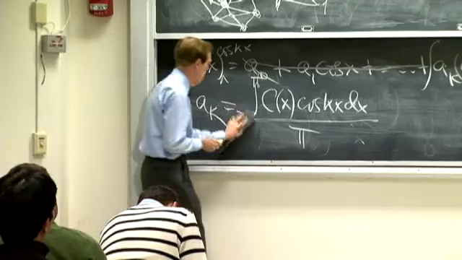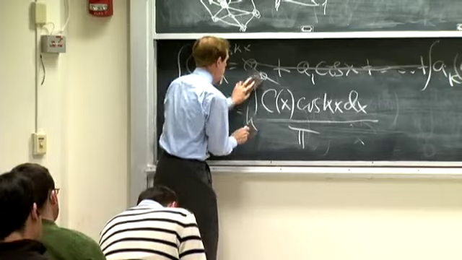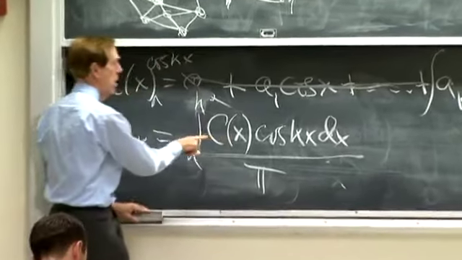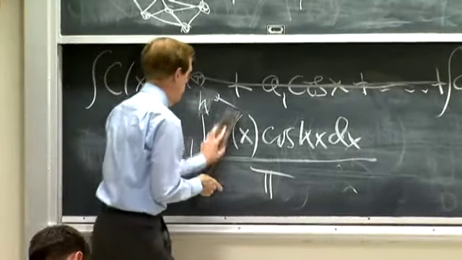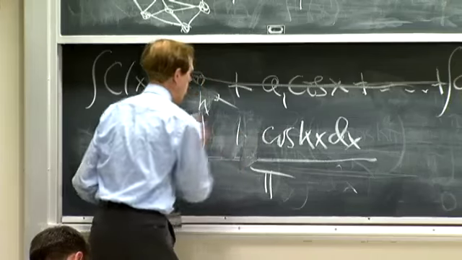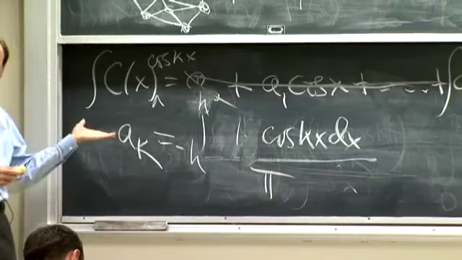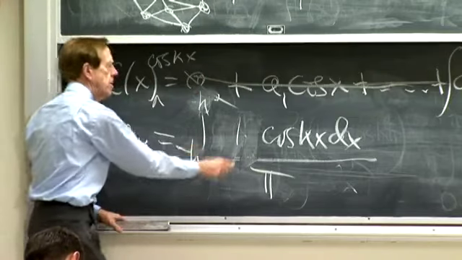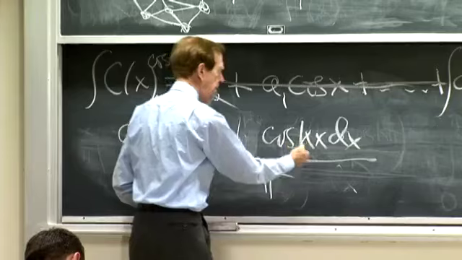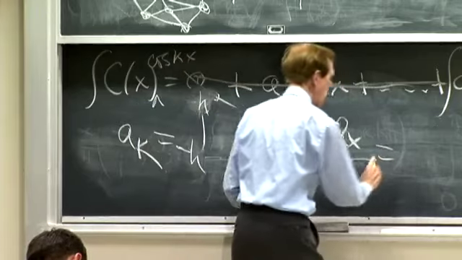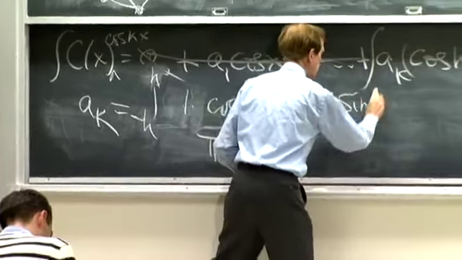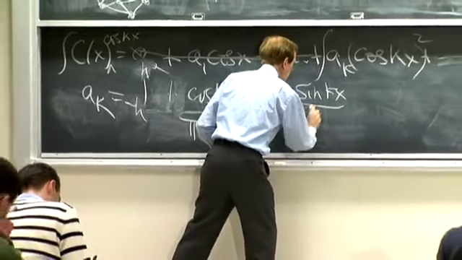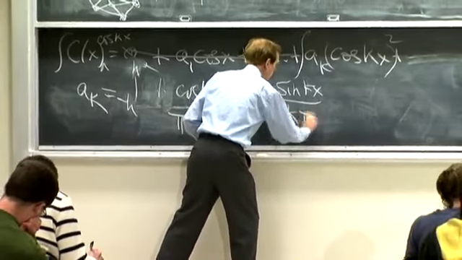Negative h to h, right? And in that region, what is c of x? 1. So from negative h to h, where this is 1, I just have to integrate cos kx. So what do I get? Sine kx over k and the pi.